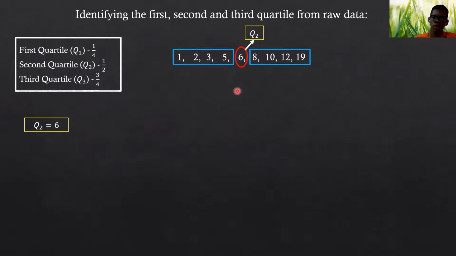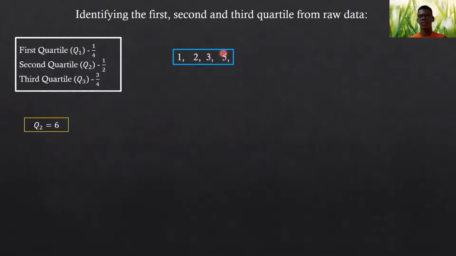So for now, we look at the first half of the data set, because we're looking at the first quartile, right? You've got Q2, the second quartile. Let's get the first quartile. The first quartile will be the middle value of the first half of the data set, and the third quartile will be the median of the second half of your data set. That's the simplest way to get them, right?